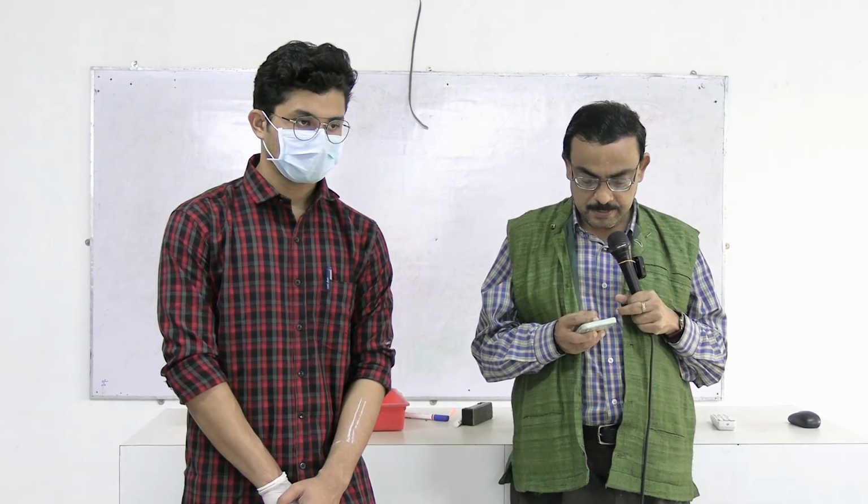Number 2, brachial artery. Number 3, radial artery in the forearm.